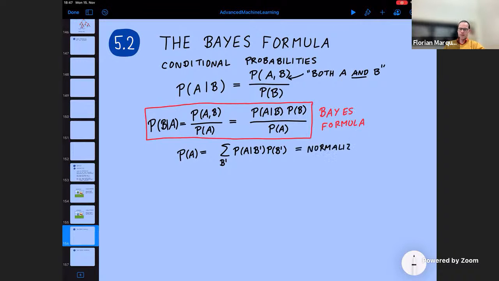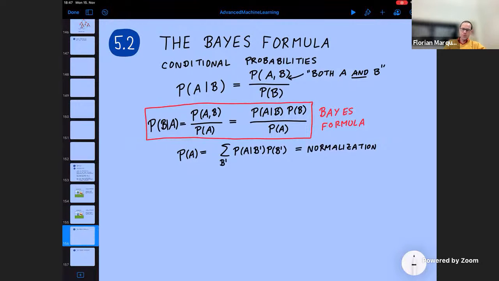Here I'm assuming, by the way, that all the B prime are separate elementary events, so that I'm not summing anything twice. Otherwise, you have to be more careful.